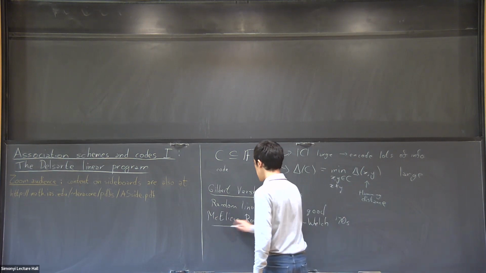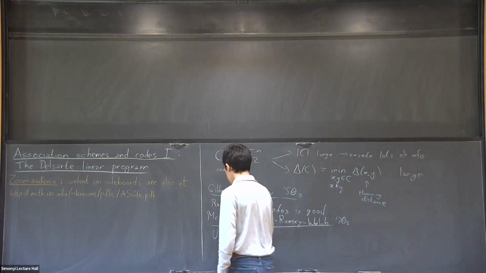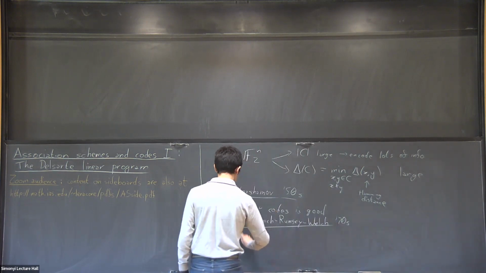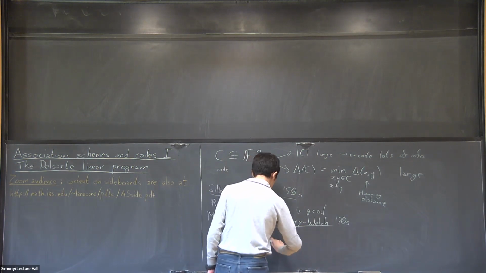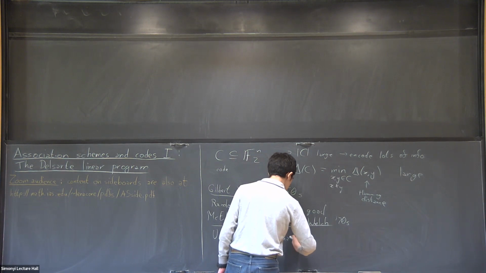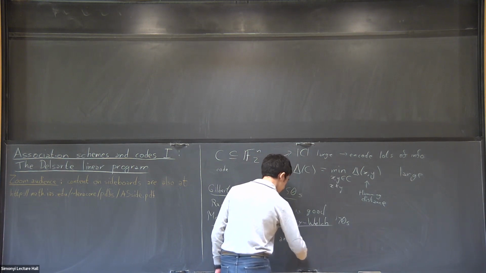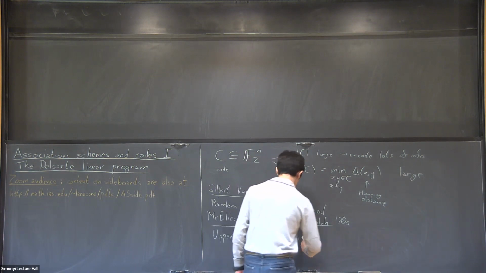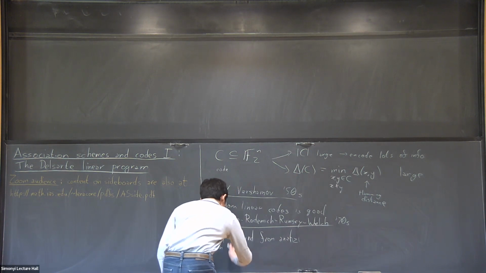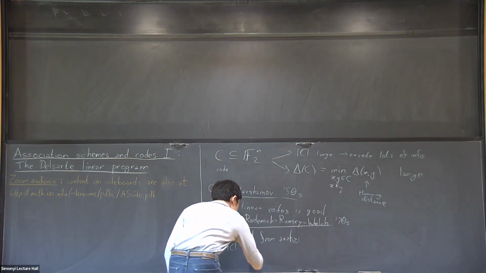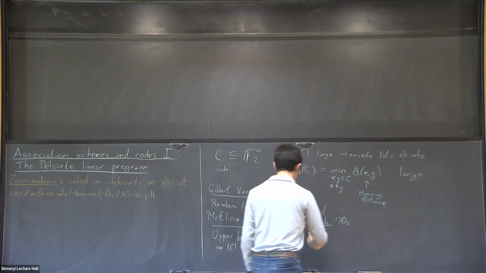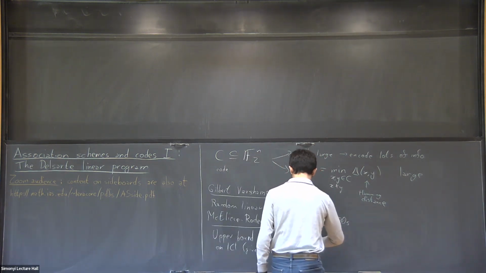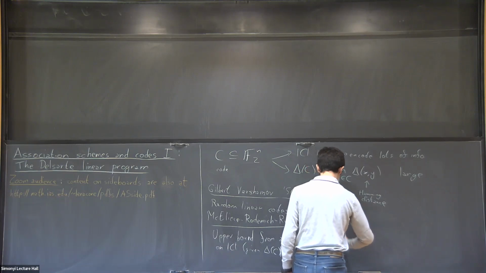What they did is get an upper bound on the size of C by analyzing the Delsarte LP.